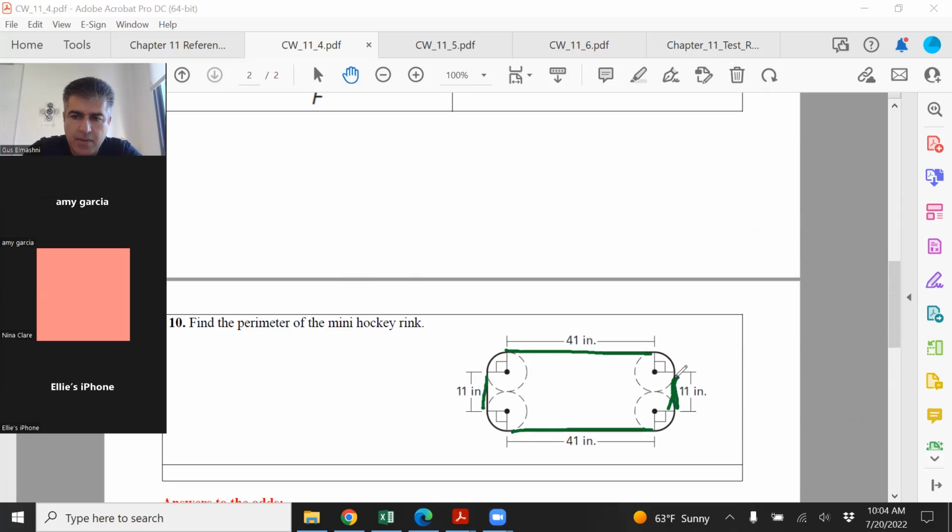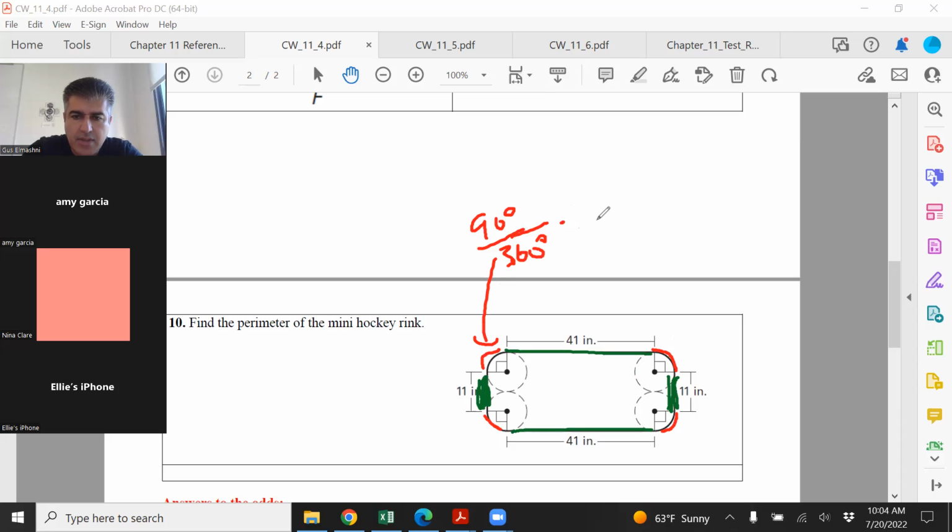However, you got a curved part. And these are each 90 degrees. So 90 over 360.